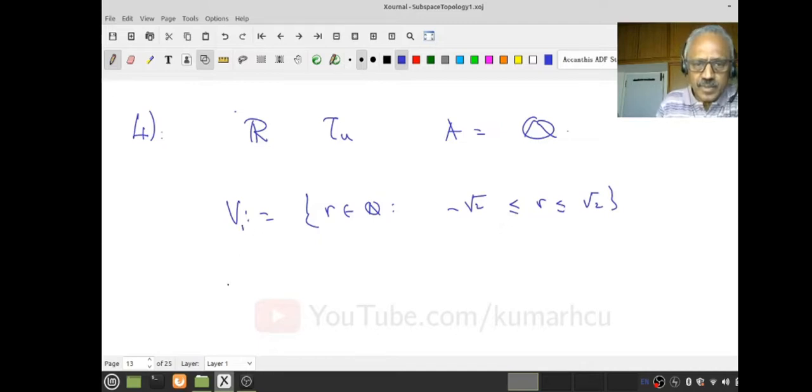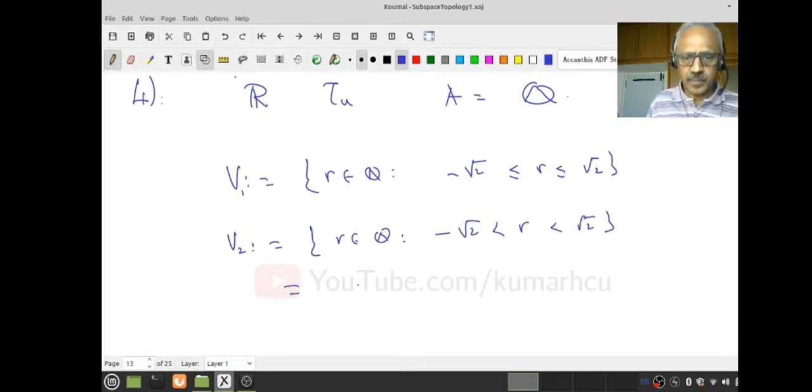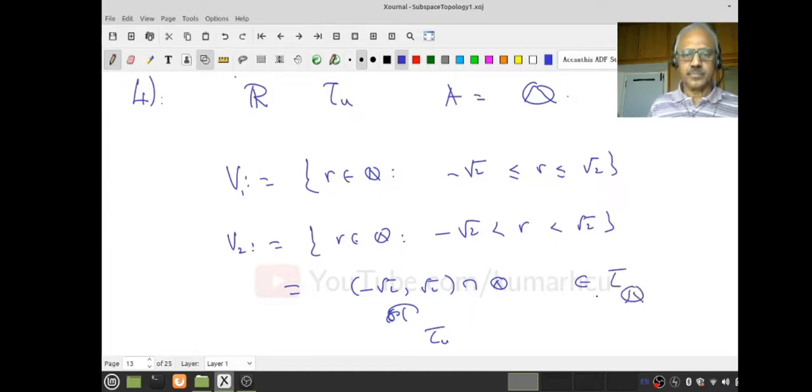And let's look at V2 to be the set of all r in Q such that minus square root 2 is strictly less than r, strictly less than square root 2. So this is of the form the open interval from minus square root 2 to plus square root 2 intersected with Q, and this is open in the usual topology. Therefore this is open in tau_Q, the subspace topology on Q. Do you understand?